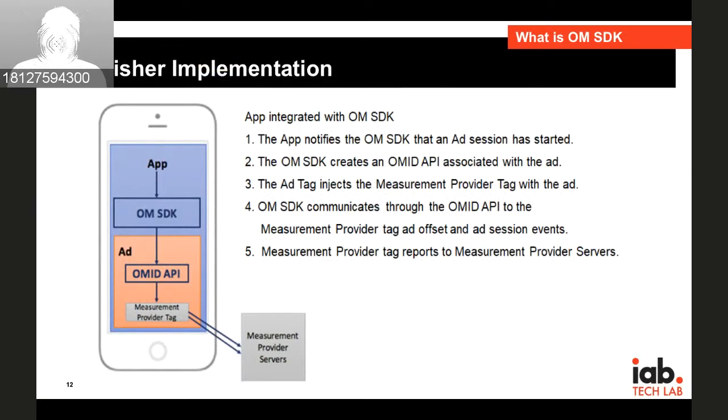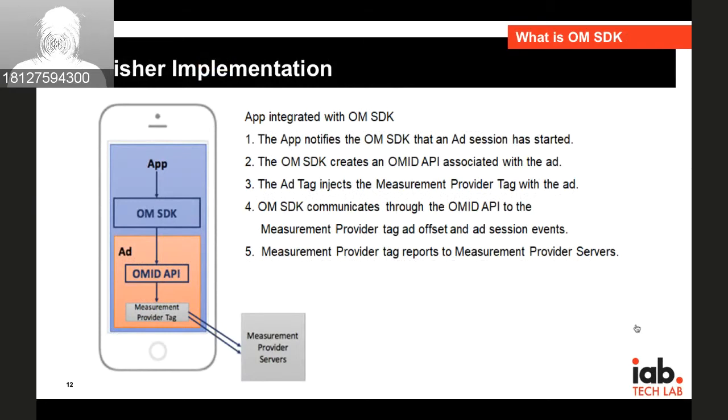So this slide shows a basic depiction for a typical ad with the IAB Open Measurement SDK implemented by the publisher within the app. In the publisher implementation scenario, when an ad is to be served into the app, the app would notify the Open Measurement SDK that an ad session has started.